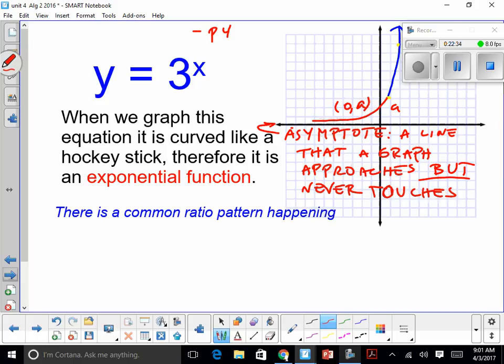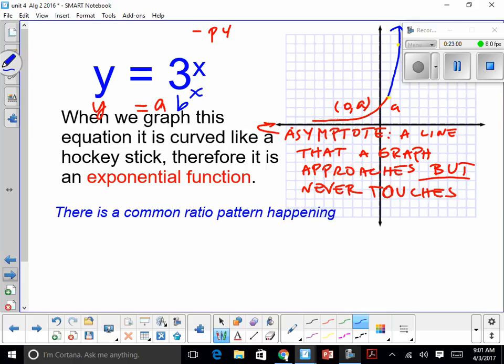In other words, there's the letter Y. There's the letter A, which is always right in front of whatever is B to the X. So all three of those that we did the work on, they all have these 4 pieces of the puzzle.